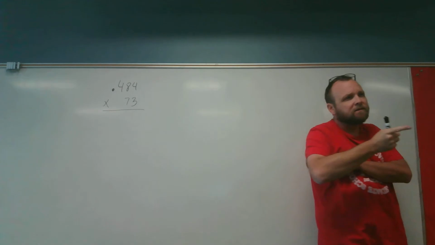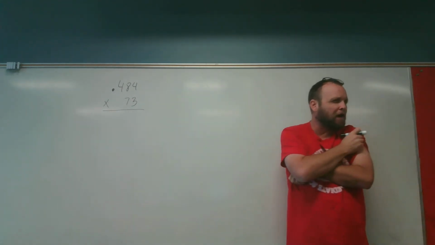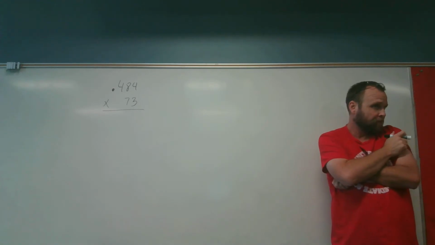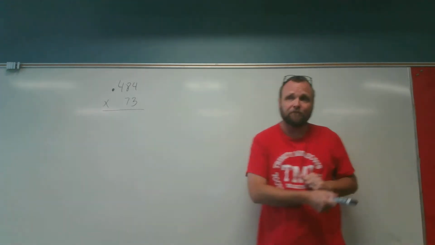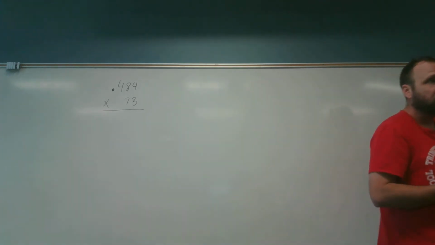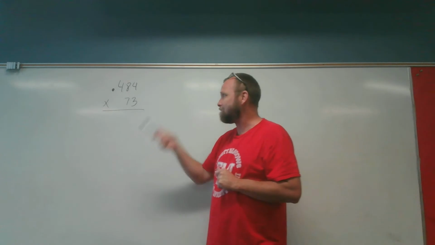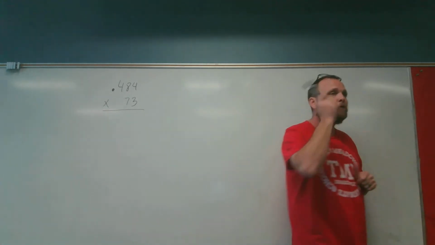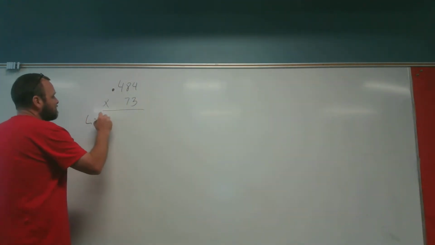Now let me ask you this. 484 thousandths. Is that less than or greater than a half? Less than a half. So my answer is going to be less than half of 73. So if you did that one and your answer is not less than half of 73, we've done something wrong. That's all I know right now.